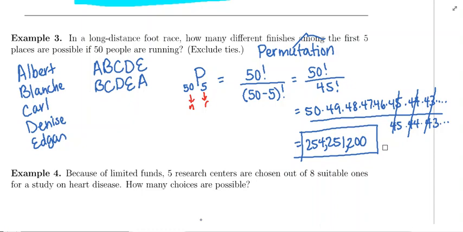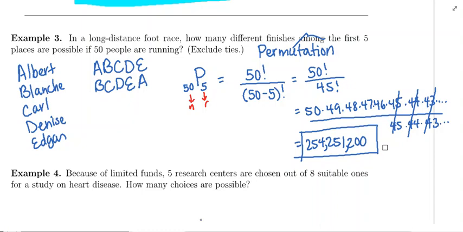Yes, because the order changes who's in first place, second, third, fourth, and fifth. So I hope you understand that this example is a permutation: out of the 50 people running, you're putting them in groups of 5 and the order matters.